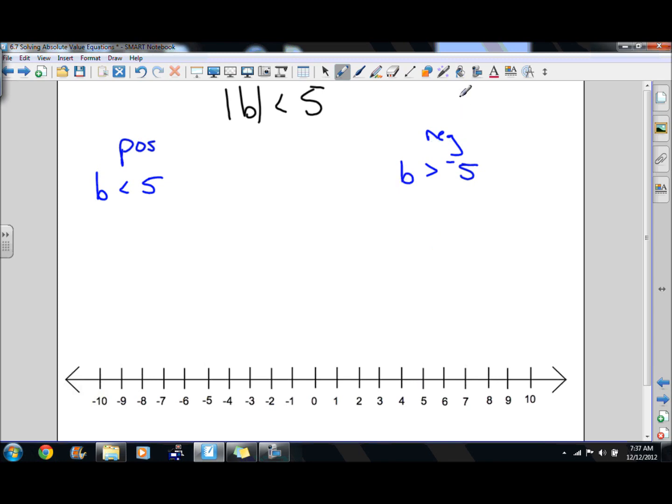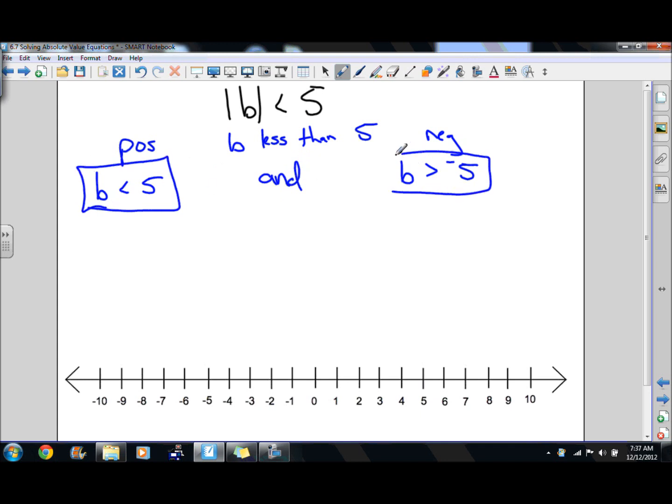Okay, so on the negative side, we have to make it negative, and we have to flip the sign. So we should always have signs pointing two different directions. We would read this statement as b is less than 5. That means it's less than, so it's an and statement. So we have b is less than 5 and b is greater than negative 5.